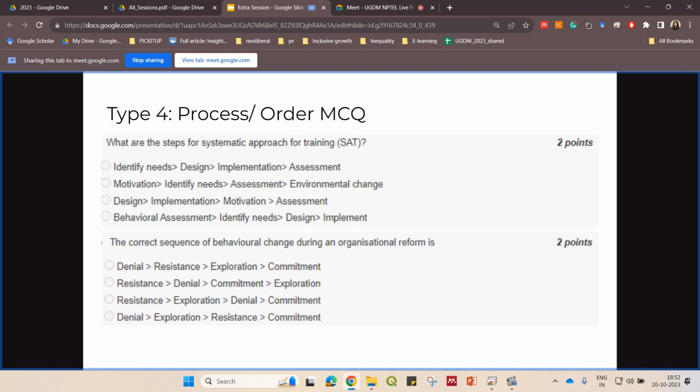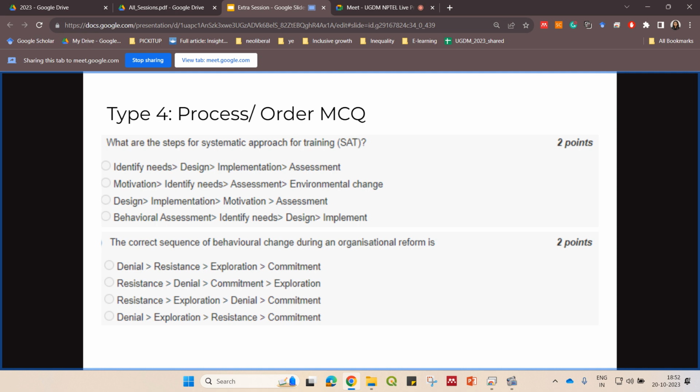For example, in the first question, they have asked what are the steps for a systematic approach for training, or SAT. In this, you have several options. You have specific steps, which is identifying need, design, implementation, and assessment.